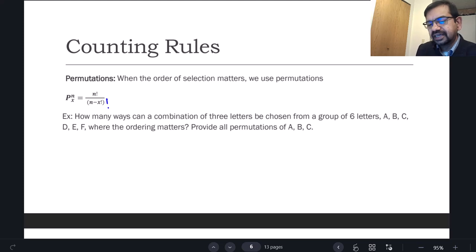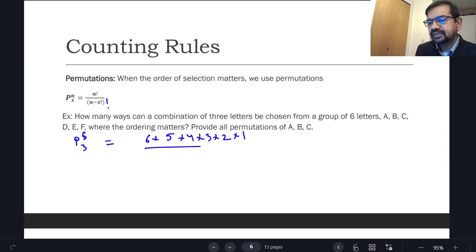So in this case, if we want to form a group of 3 letters from 6, but the sequencing matters, we are saying that we have 6P3, which now is 6 times 5 times 4 times 3 times 2 times 1.